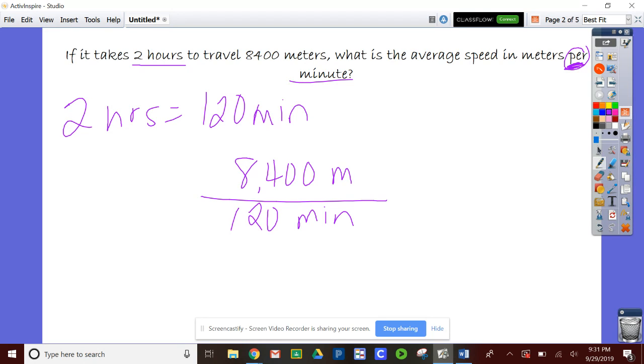It means 1. So all they wanted you to do was just take the 2 numbers and divide them. So 8,400 divided by 120 gives you 70 meters per minute. And that's your answer.